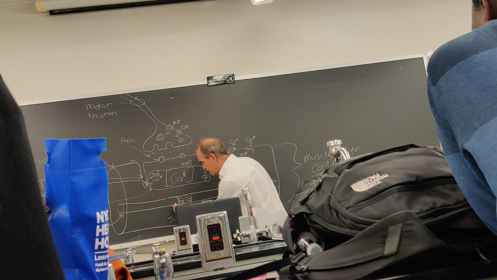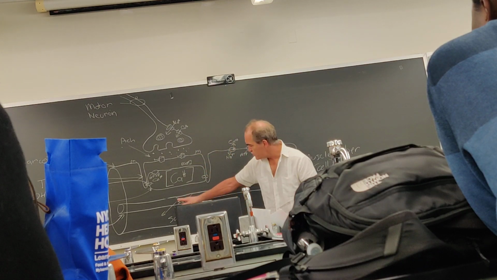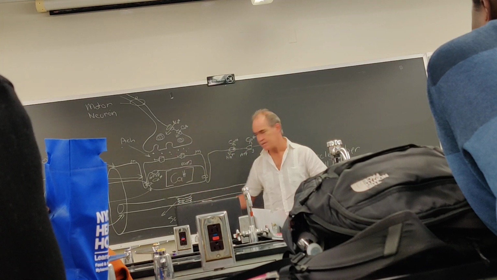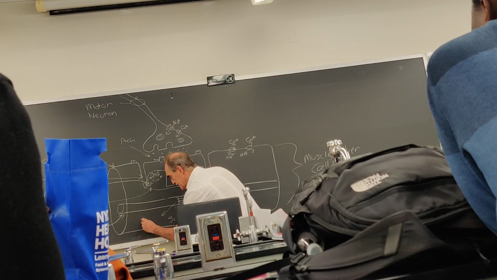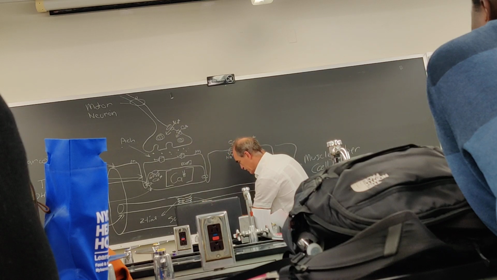The sarcomere is basically made up of two Z lines. The Z line is a protein that goes zigzag, zigzag, zigzag. So that's called the Z line. And this is also the Z line over here.